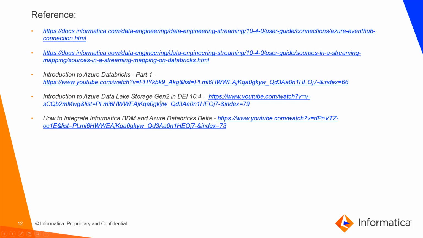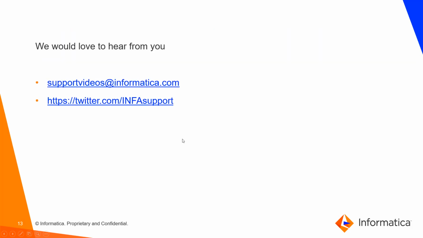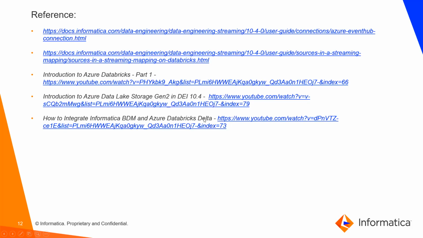And if you want delta as a target table, here is the video KB to create a delta connectivity. As I said, as a BDS mapping, you can have ADLS Gen 2, or event hub itself as a target, or also delta as a target. These are the few references I have given. You can keep them for your reference.